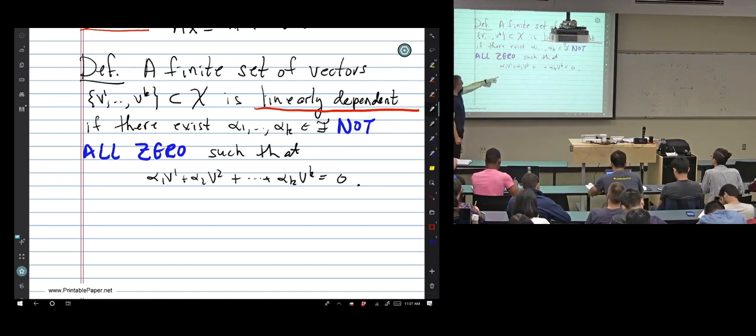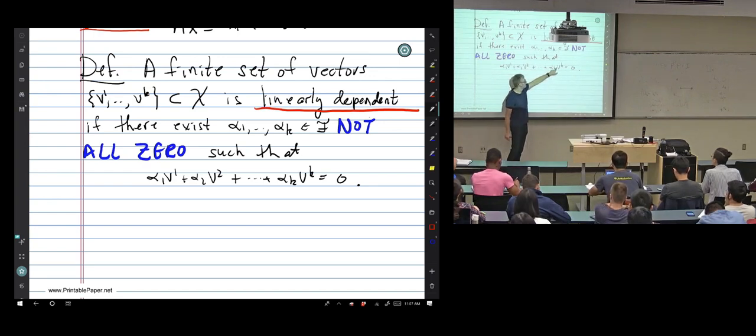So the notion of linear dependence is finding non-trivial solutions to a linear combination that adds up to the 0 vector.